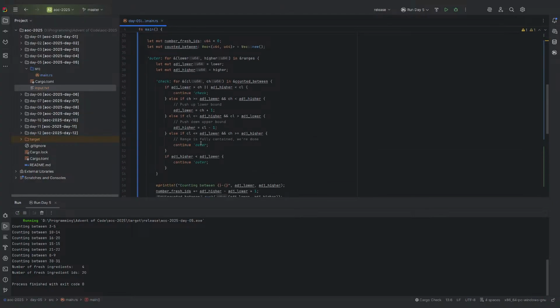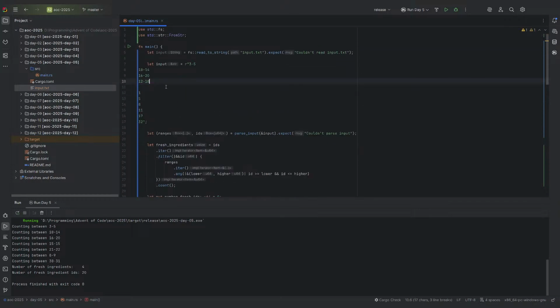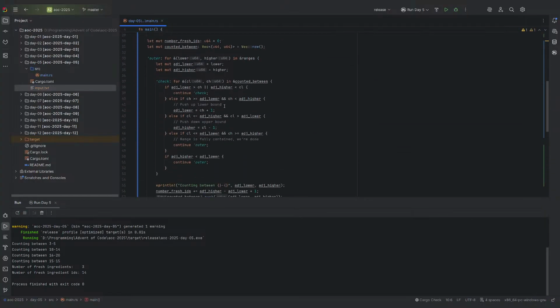Question is, why isn't it working then? This is the annoying part. With the test input, it is correct. I don't know where it's still broken then.